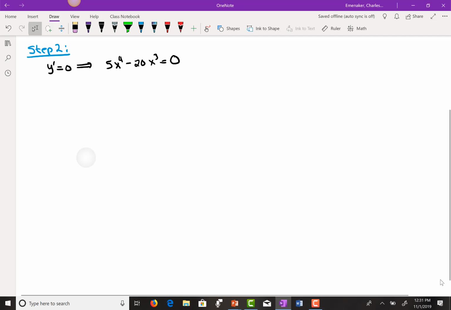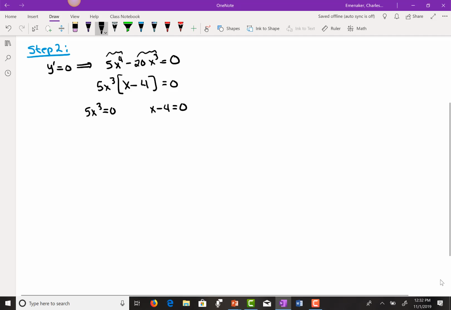If we factor out a 5x cubed, if we factor that out of the first term, it's going to leave us with x minus, if we take a 5x cubed out of the second term, we're going to have 4 equals 0. This gives us then either 5x cubed equals 0 or x minus 4 equals 0.